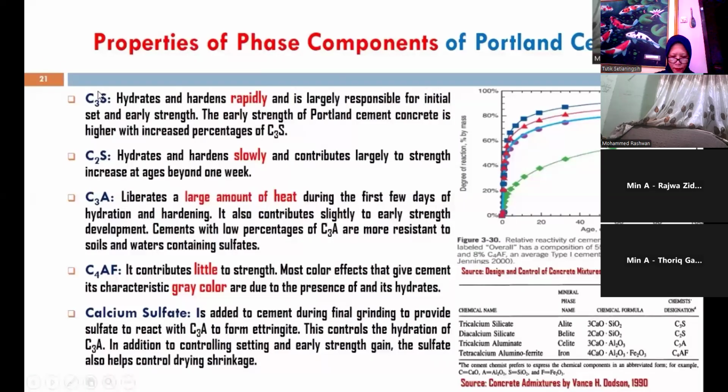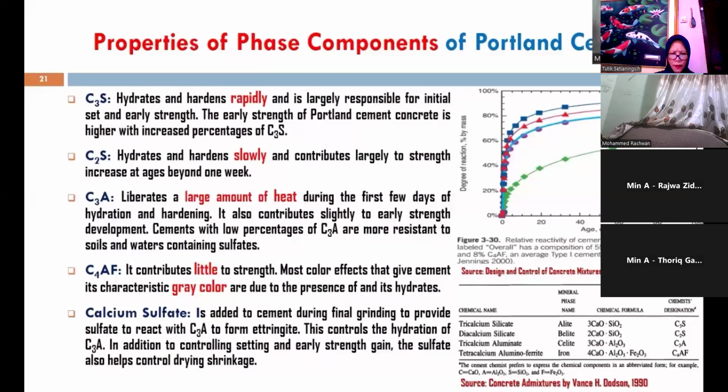So this phase is responsible for the early strength and early hydration of cement. While C2S is the contrary, because it hardens and hydrates slowly. So its strength may appear at a late age, maybe after 1 week.